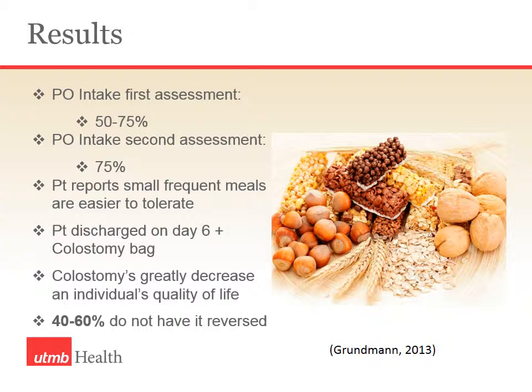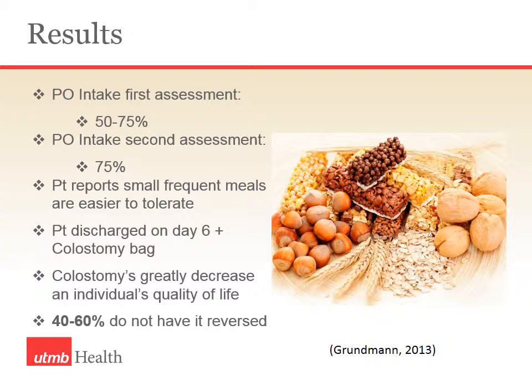The patient was discharged on day 6, which is good because at day 7, your risk for malnutrition and muscle wasting greatly increases. He was discharged with a colostomy bag, and as we talked about before, it greatly decreases an individual's quality of life. So this is concerning for a patient who is generally healthy.